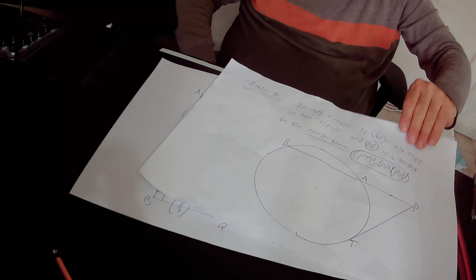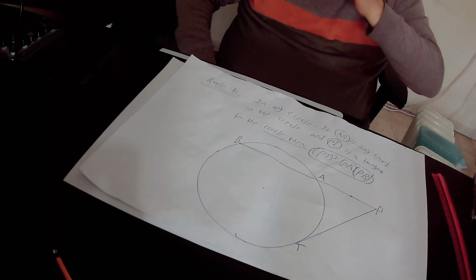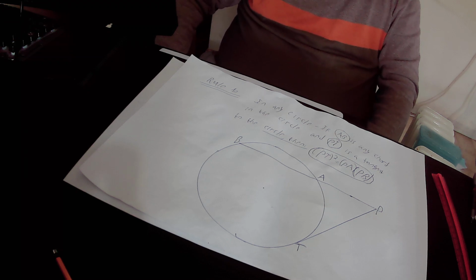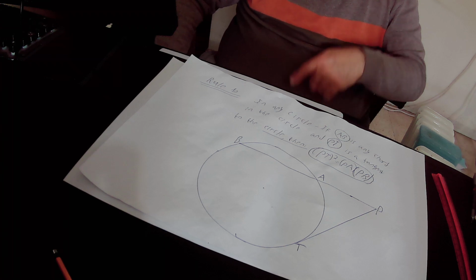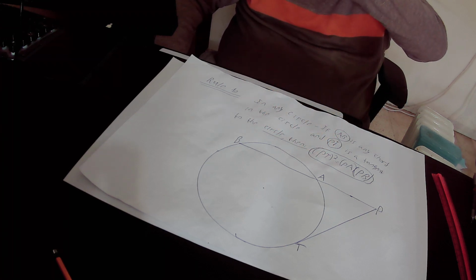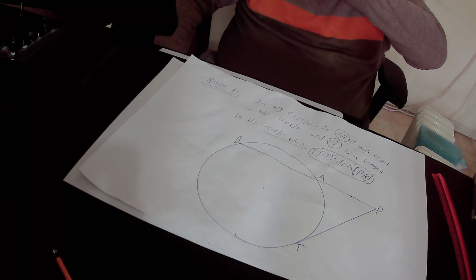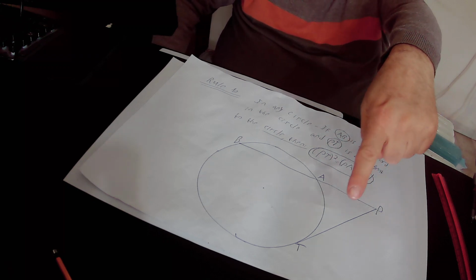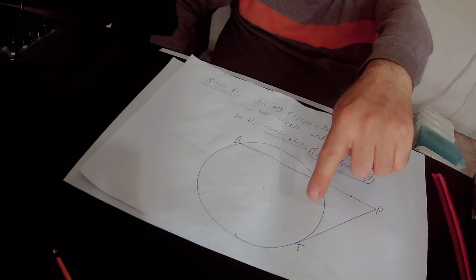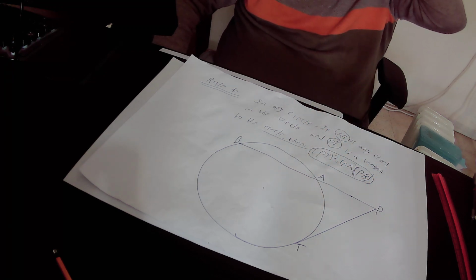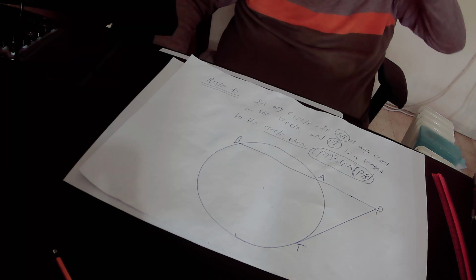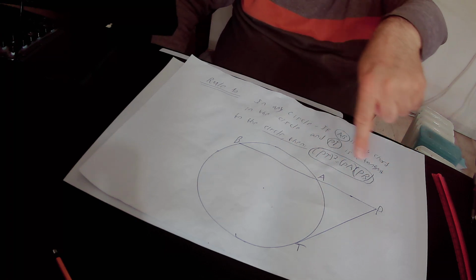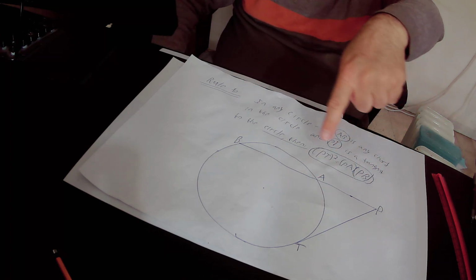According to rule 10, which is true in any circle: if AB is any chord in this circle, and we have tangent PT that is tangent to this circle at point T, then in this drawing the following equation is true. PT square equals PA times PB. Again, PT square equals PA times PB.